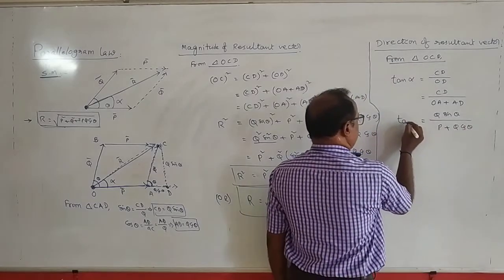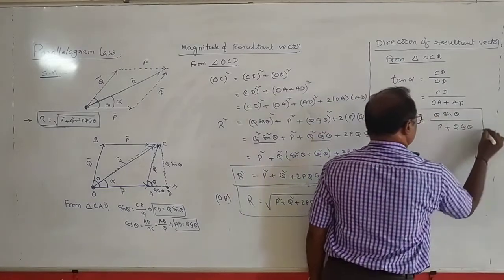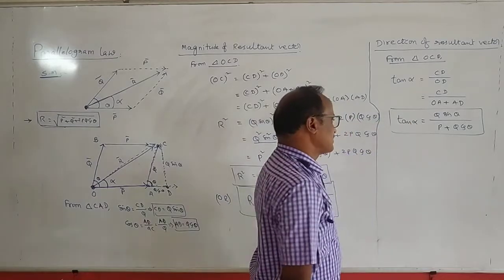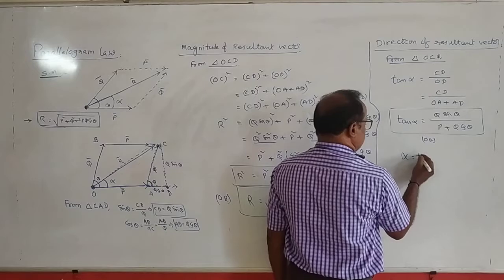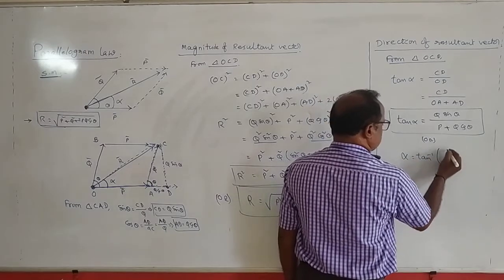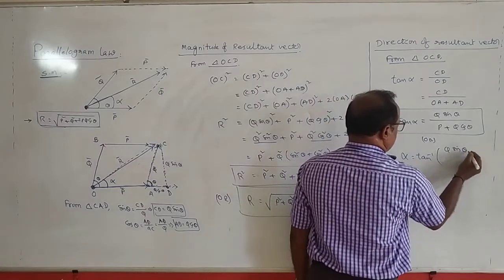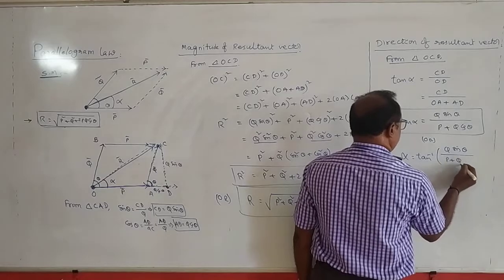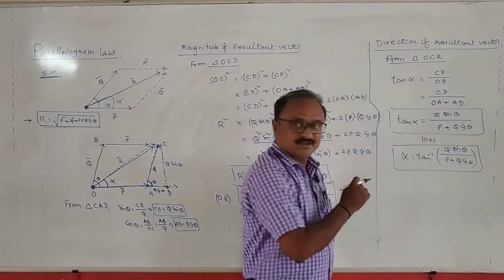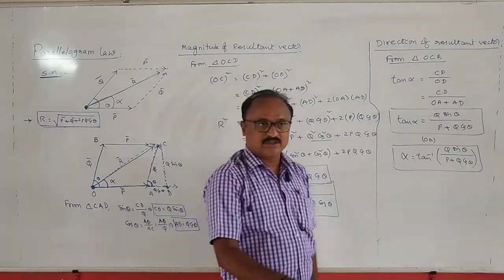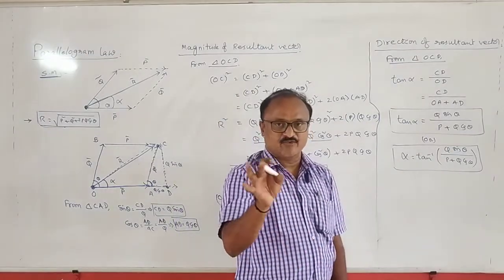That's why tan alpha is equal to Q sin theta by P plus Q cos theta, so alpha is equal to tan inverse of Q sin theta by P plus Q cos theta. This is the formula which gives the direction of the resultant of the vectors.